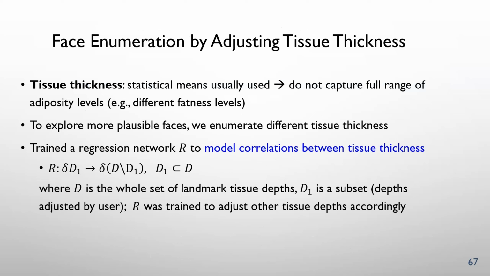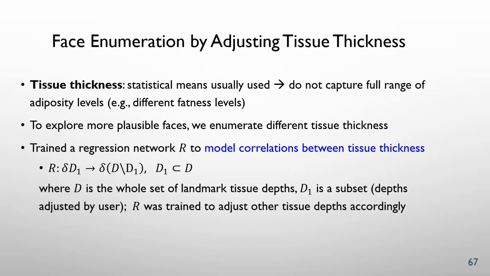Another issue, as we said, is that this is an under-constrained problem. The tissue thickness we used follows the forensic specialists' static means, but this does not capture the full range of fatness levels. Tissue depths could be thicker or thinner, indicating different fatness levels.